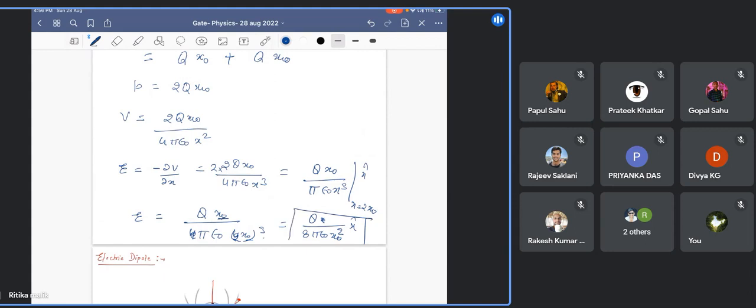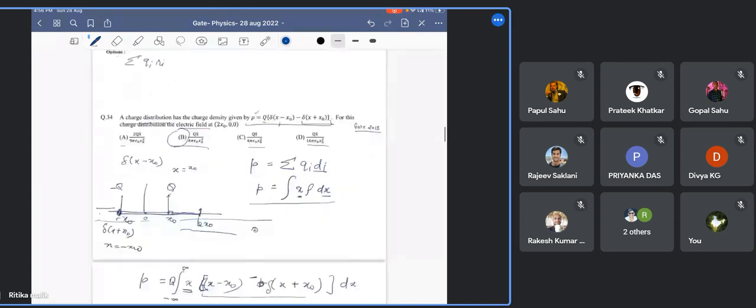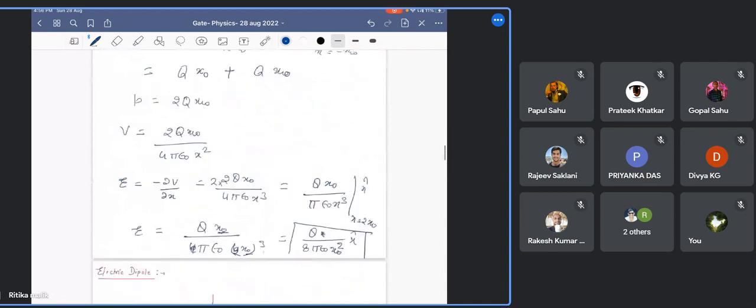So this x naught will cancel one power of this. So what is the answer in the options? There is no answer in it, even with x square. So this is the correct answer. I don't know why it is not given in the options.